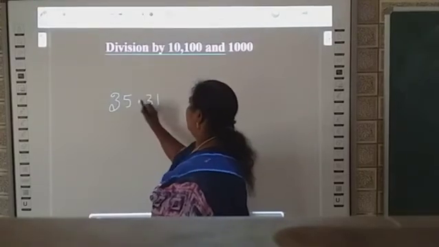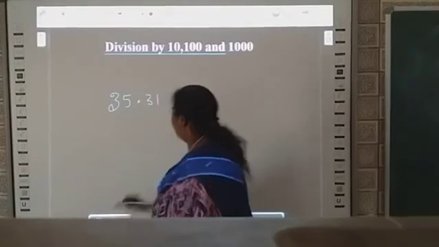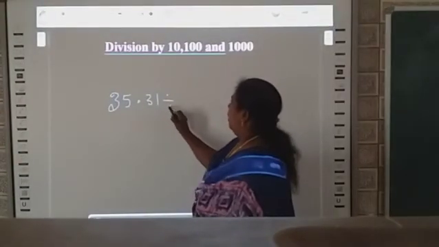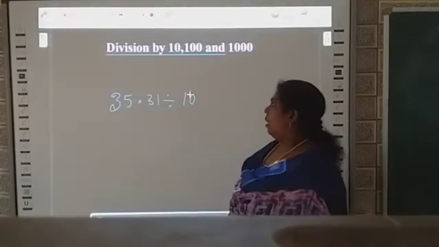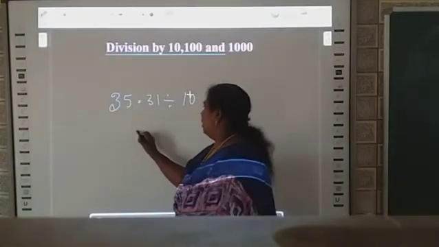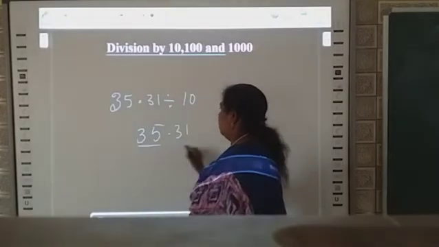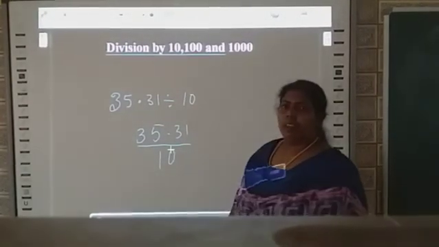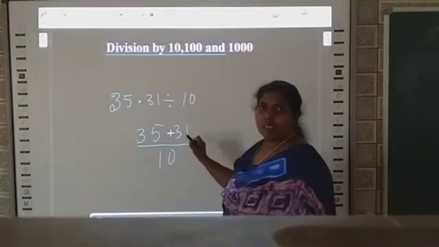35.31 divided by 10. How can we divide? So the decimal is here. In multiplication you move the decimal to the right side, isn't it?